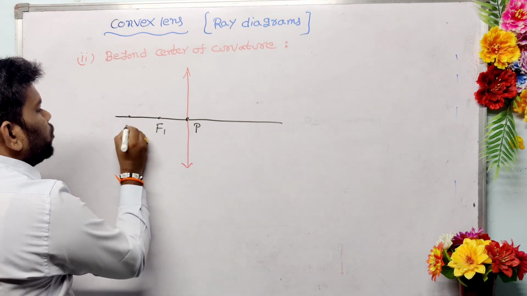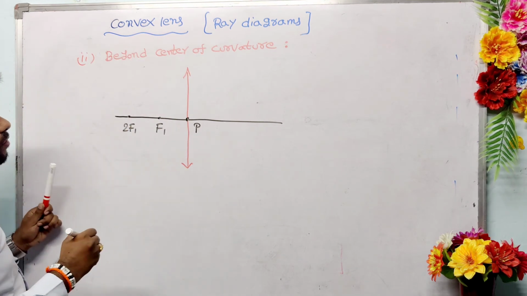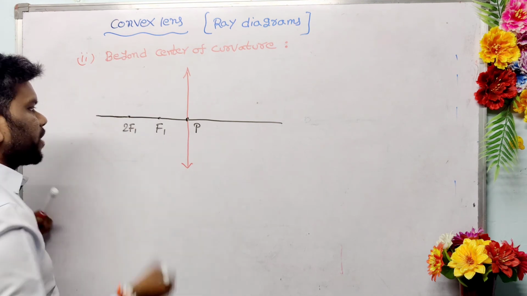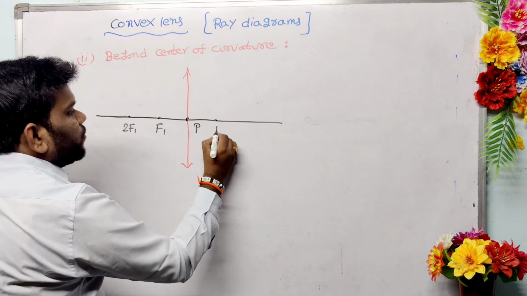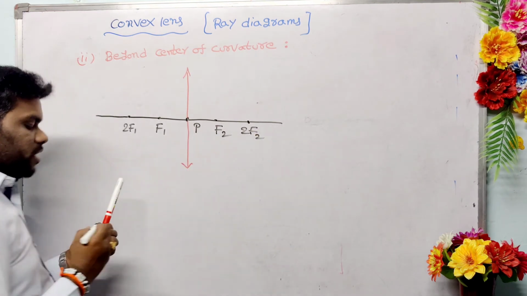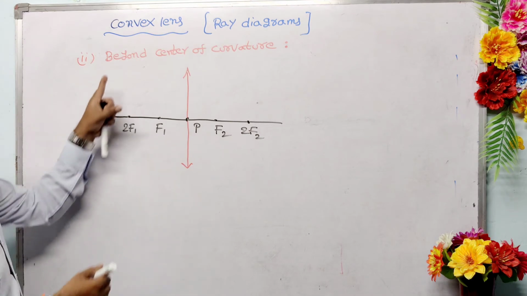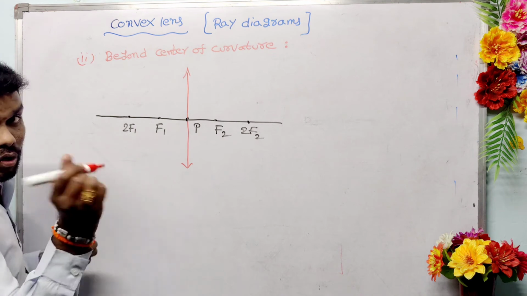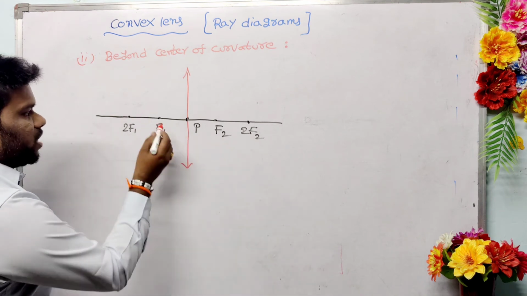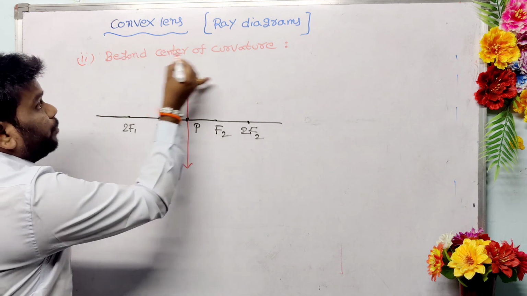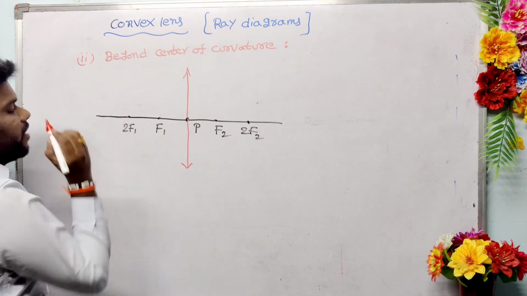Focus F1, 2F1. 2F1 means center of curvature. This is F2. This is 2F2, means center of curvature 2. Now the object is placed beyond center of curvature. So look at this students. This is focus. This is center of curvature. Beyond center of curvature means here.